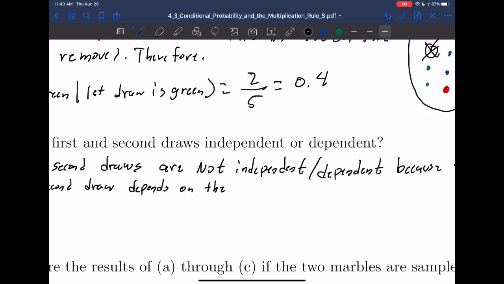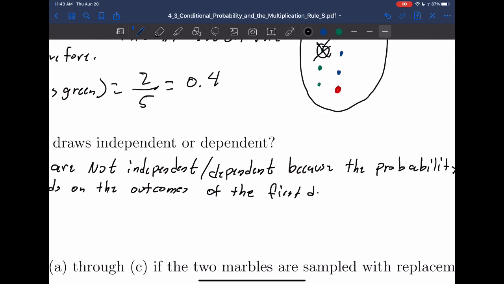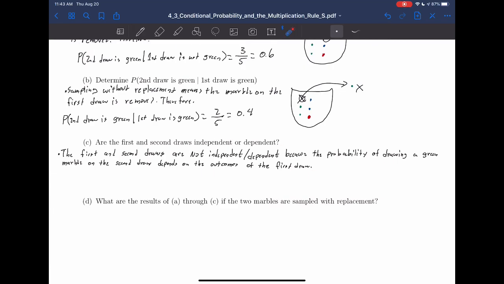So if you go back to the definition of independent, this is what it means to be not independent.